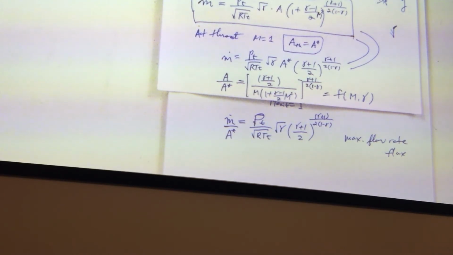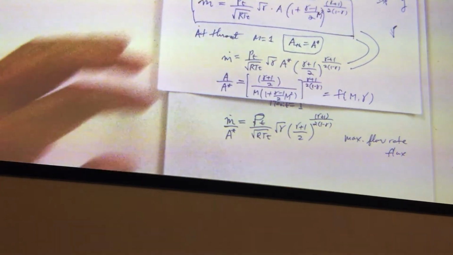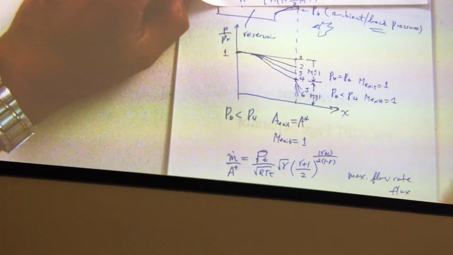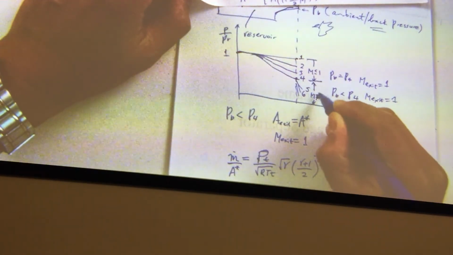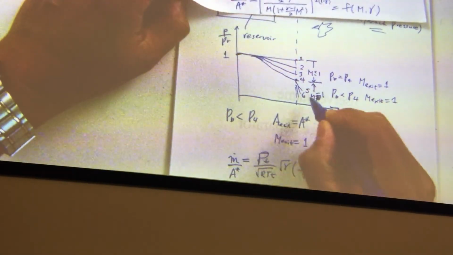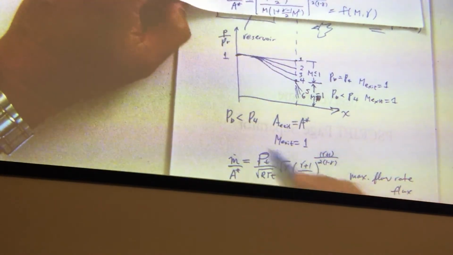Okay? Yes? If you only reach sonic speed, why in the graph does it say n greater than 0? What's the threshold? You're right. Everything's equal to 1. M exit equal to 1. That's what I'm saying.